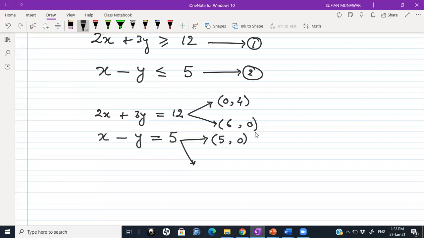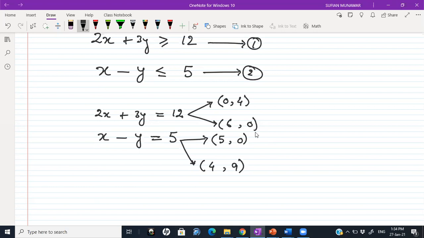For the other one, if I put some other value, for example y = 1, x will be 6. Or if I put y equal to, suppose, 4, x will be 9. So any value you can give to y so that you get a positive x.